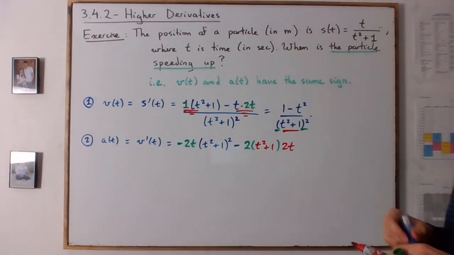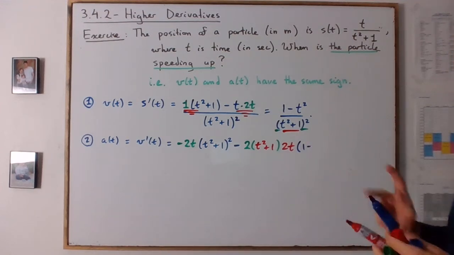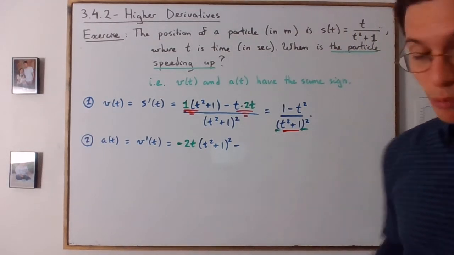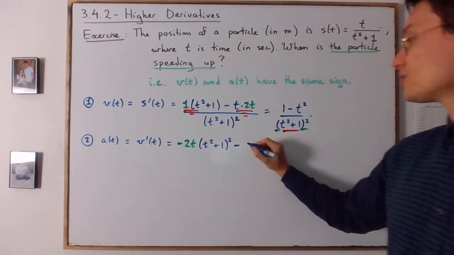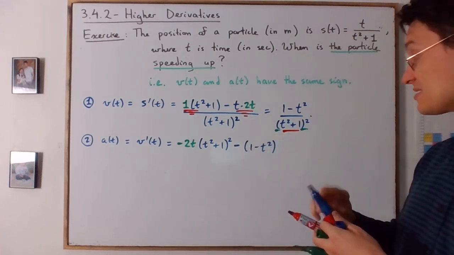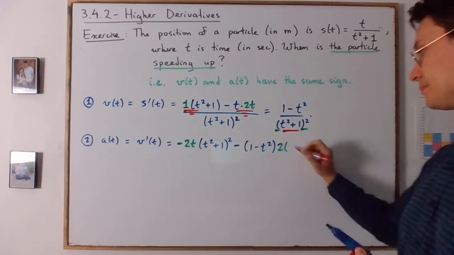And that's going to be multiplied by the top. It's not really a mistake, but I will actually erase this because I want you to get used to writing the top first. So the top is 1 minus t squared. And now you're doing your outside-inside rule.